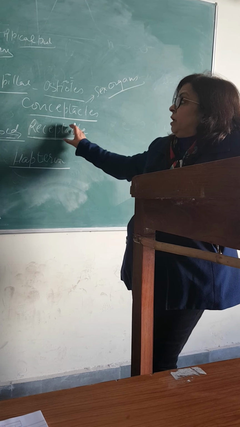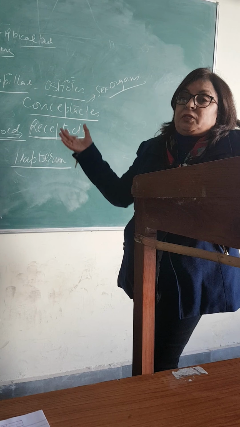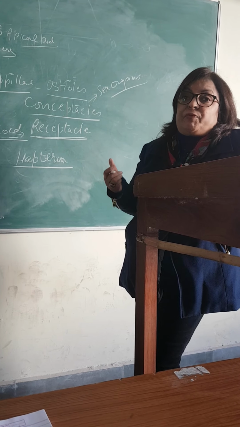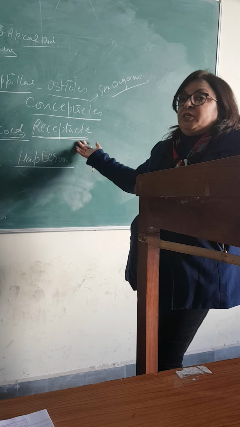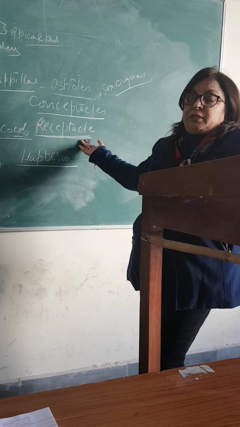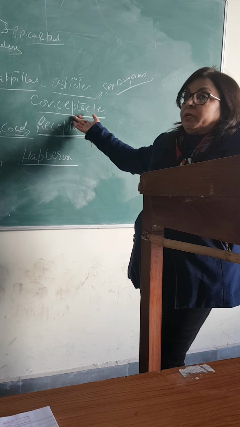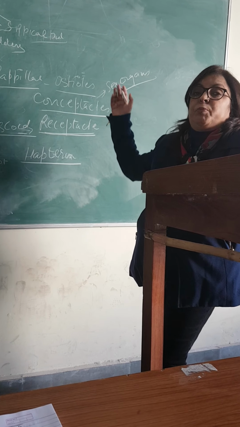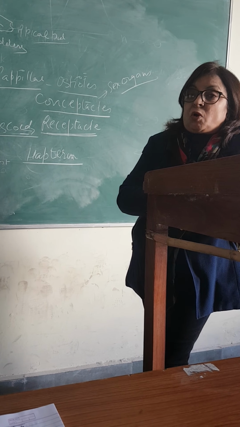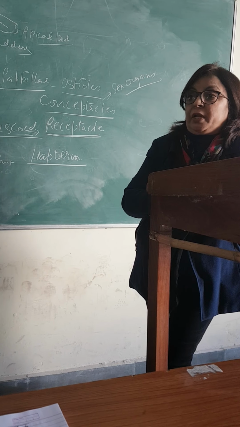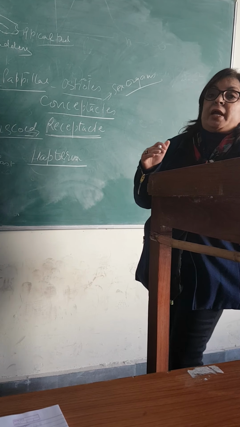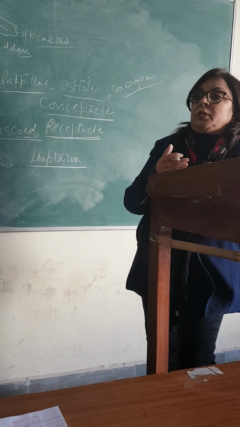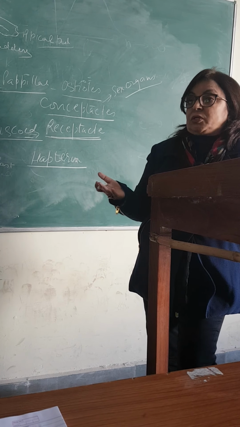And here we are seeing the regions which are bearing the sex organs, and they are also very special and very specific. We have the receptacle region present on the vegetative thallus, and this receptacle will again bear the cavities which we call conceptacles, and conceptacles are going to bear the sex organs. So it is highly specific in nature. This is, we can say, the evolutionary trend also, from simple to more complicated structures.